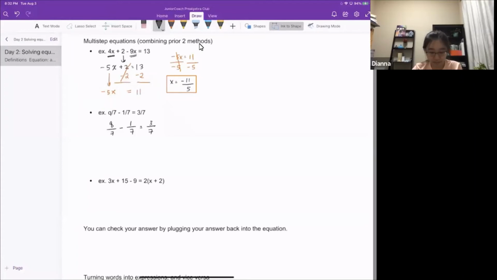So I'm going to say, well, what do I want to get by itself? It's going to be Q, right? That's the only letter here, so I want Q by itself. So first, I'm going to add 1/7 to both sides.